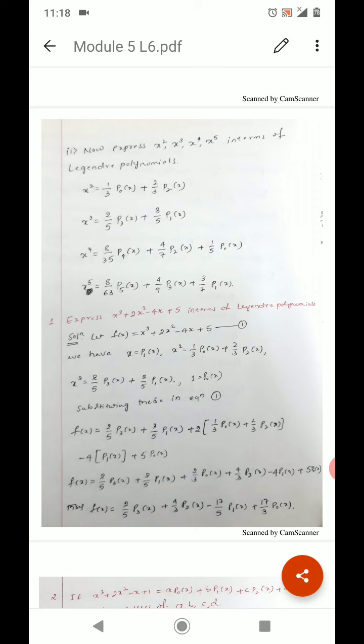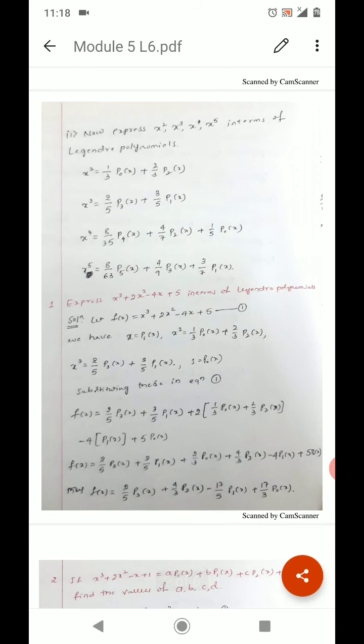Now we have standard results x equal to P1 of x, x square is equal to 1 by 3 P0 of x plus 2 by 3 P2 of x and etc. Substituting these values in equation 1, we get f of x equal to 2 by 5 P3 of x plus 3 by 5 P1 of x, that is the value of x cube, plus 2 into value of x square, that is 1 by 3 P0 of x plus 2 by 3 P2 of x, minus 4 into x value, that is P1 of x, plus 5 into 1, 5 into 1 can be written as P0 of x.